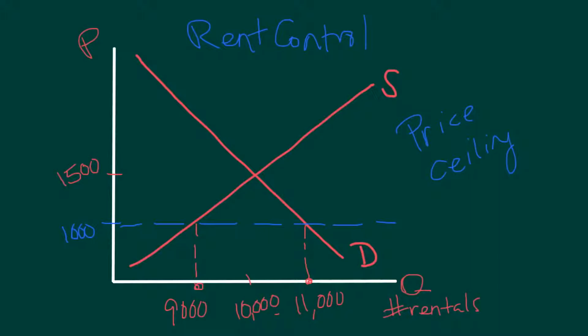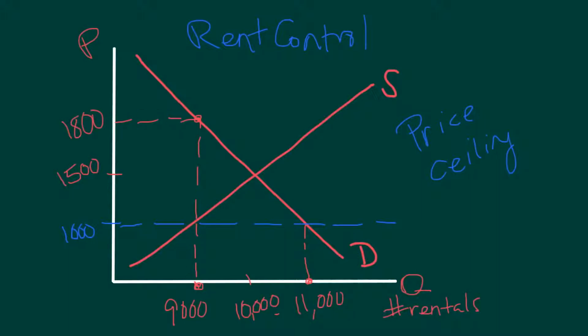Or another way to look at it is if we take the 9,000 quantity up to the demand curve. As we've learned, the points on the demand curve show us the price people are willing to pay for a particular quantity. And if 9,000 is the quantity that is available, then the true willingness to pay is $1,800.